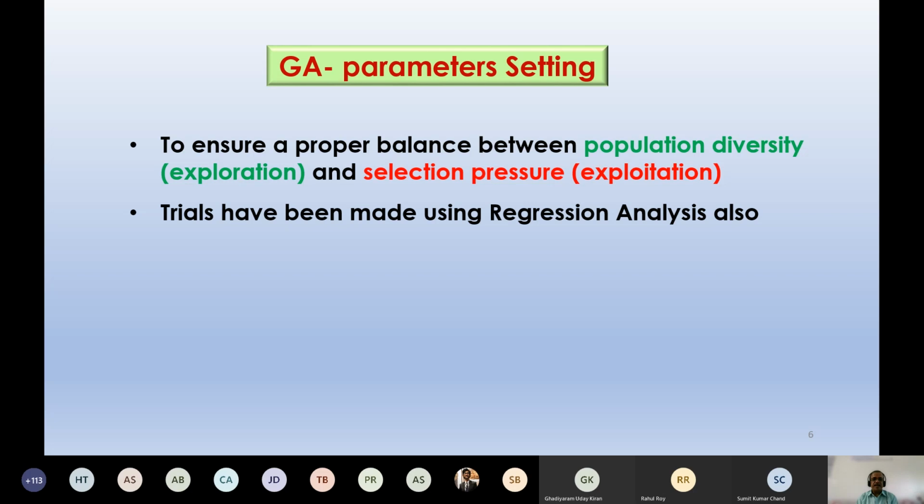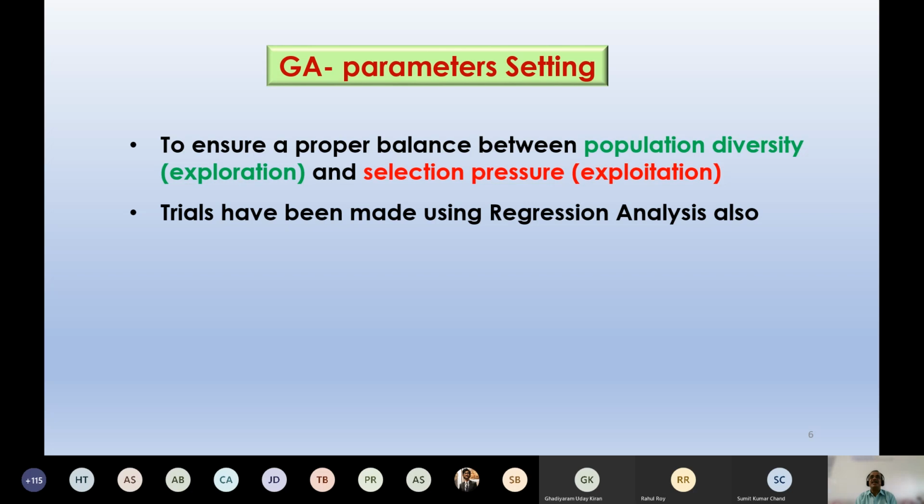On the other hand, if the selection pressure is more, exploitation could be more. You will be getting the success for the time being, but there could be a local minima problem. There could be some sort of premature convergence. Those things I've already discussed in detail.